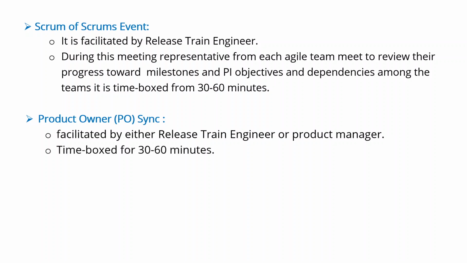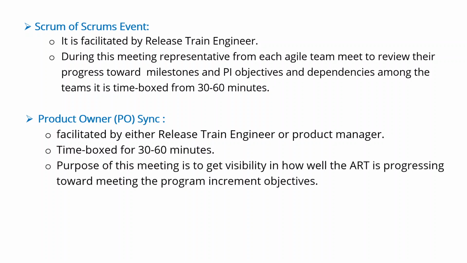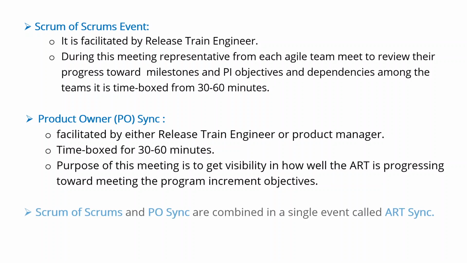It is time boxed for 30 to 60 minutes also, and the purpose of this event is to get visibility into how well the ART is progressing toward meeting the program increment objectives. So the Scrum of Scrums and the PO Sync are combined in a single event called ART Sync.